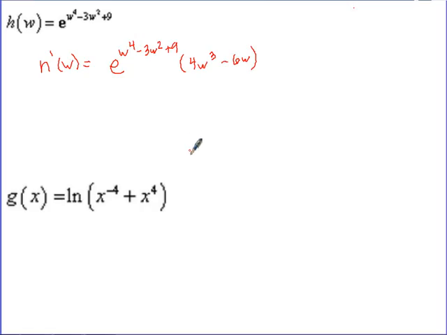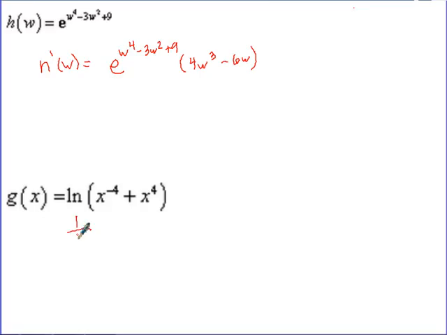So that's basically it. Simple as that. Okay? So, the natural logs get fun. I have natural log of x to the negative 4 plus x to the fourth. What's my outside function? Natural log of x. And then the inside is x to the negative 4 plus x to the fourth, right? So how's this going to work?